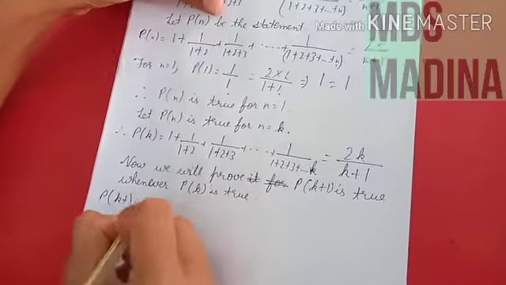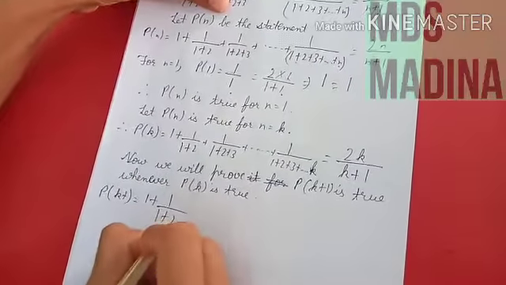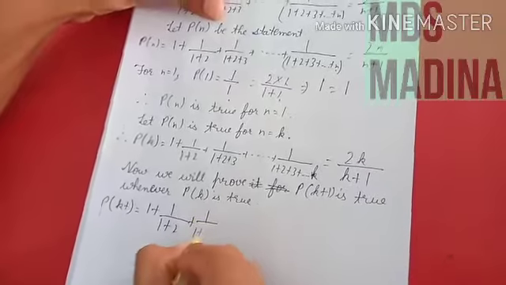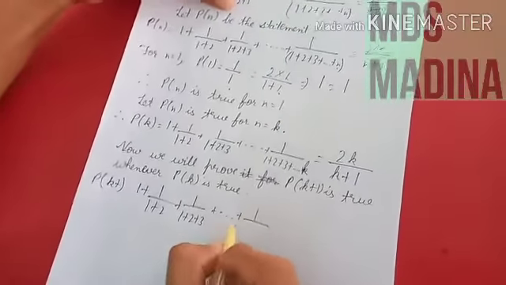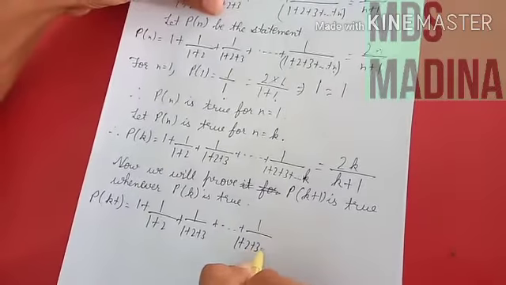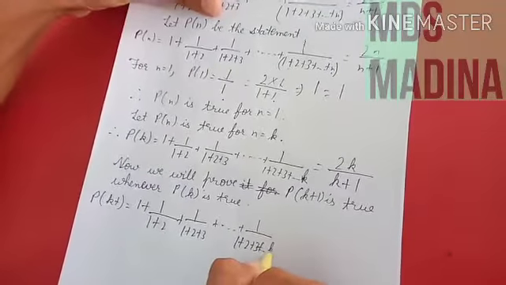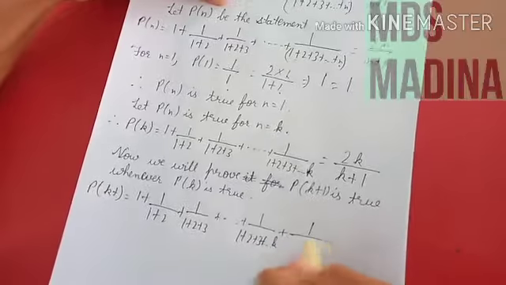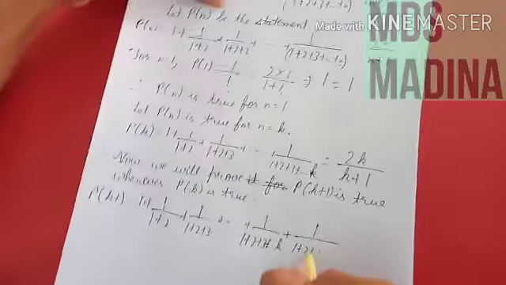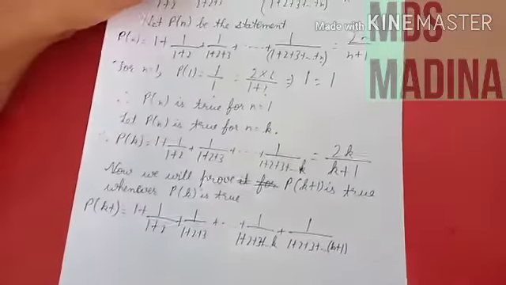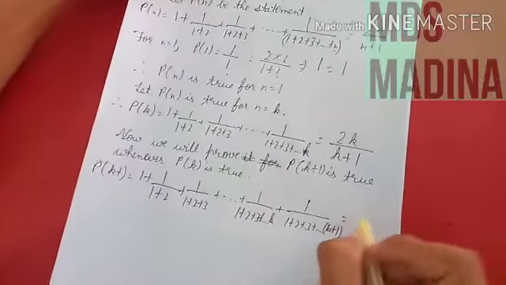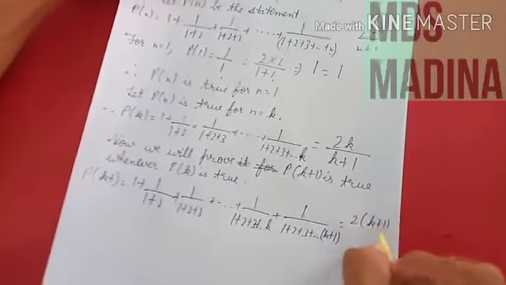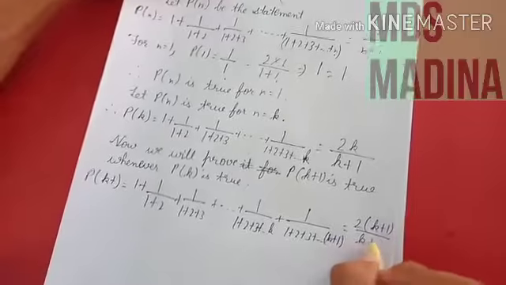P of k plus 1 will be 1 plus 1 by 1 plus 2, 1 by 1 plus 2 plus 3 plus, in this way till 1 by 1 plus 2 plus 3 up till k plus 1, that we will prove equal to 2 into k plus 1 by k plus 2.